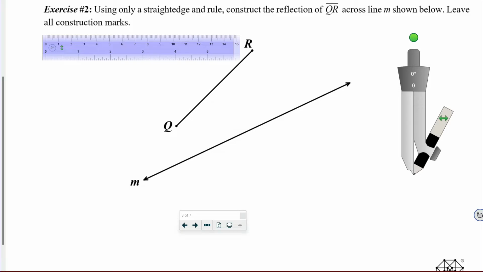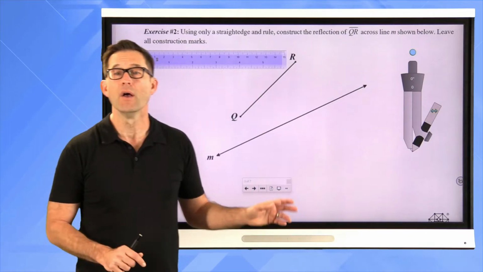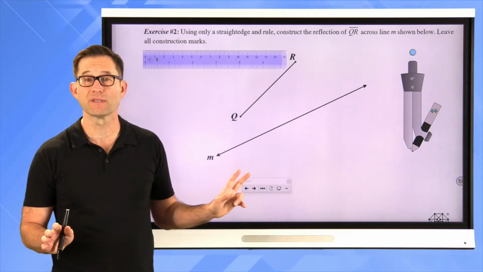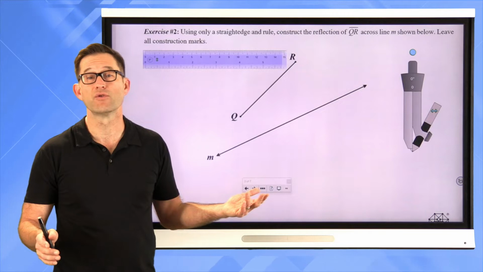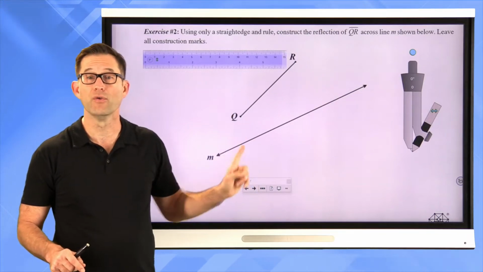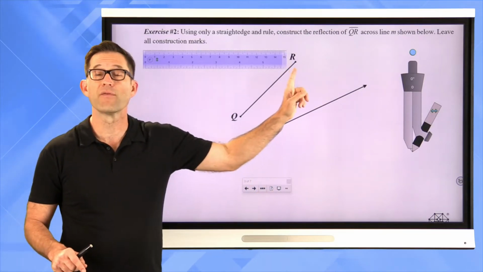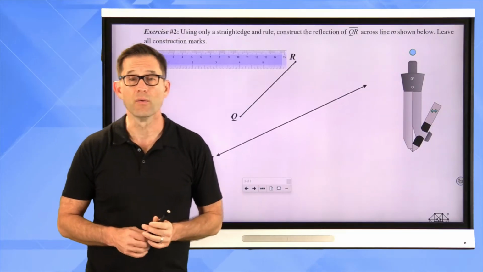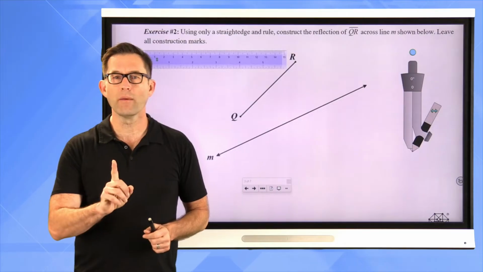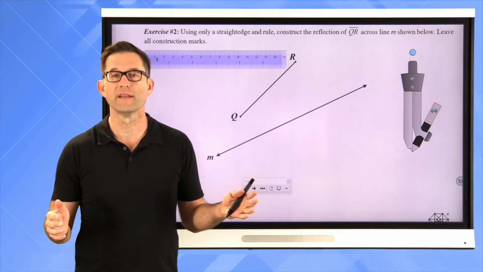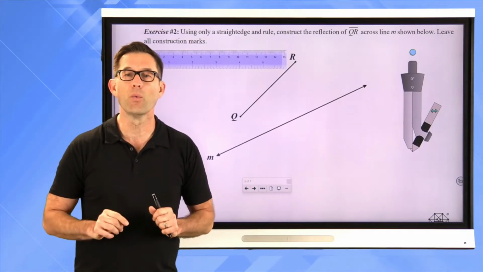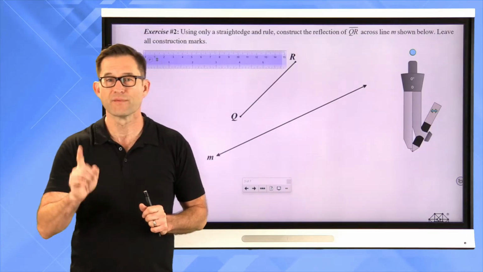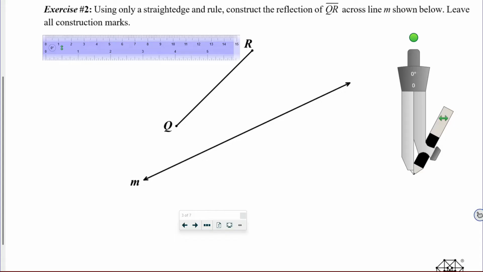Leave all construction marks. All right, simple enough. So I want to do exactly what I just did, except I want to do it twice. I want to reflect point Q across line M and reflect point R across line M. Actually, let's do one more of them together. Let's reflect point Q, and then we'll have you work on point R by yourself. So let's go through that construction one more time.